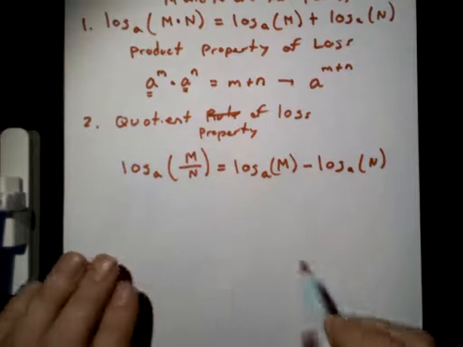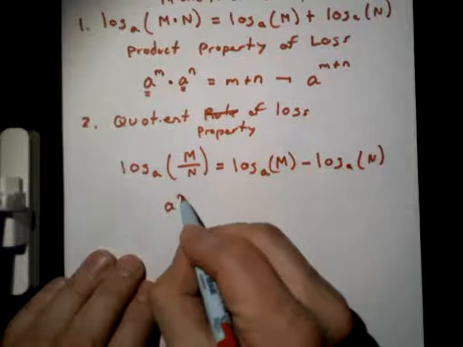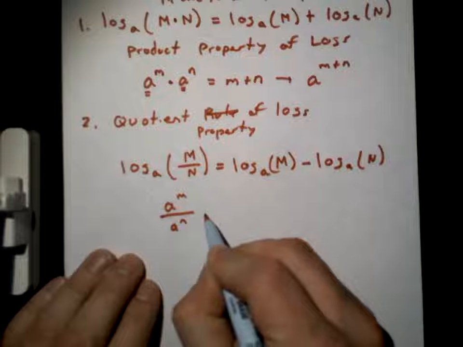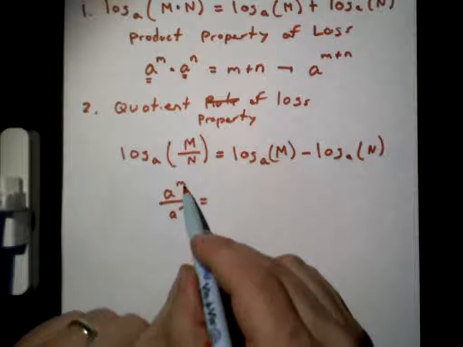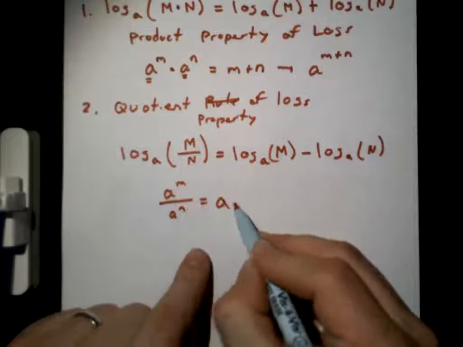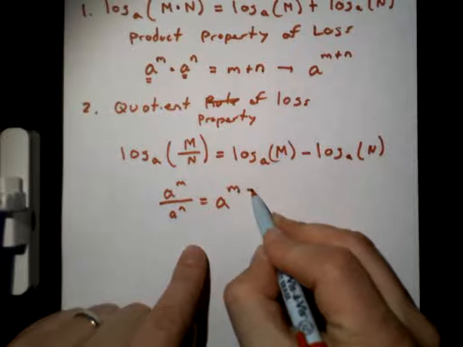What I want you to think about here is when we did exponents and we are dividing exponents, we subtract the top minus the bottom. So it's going to be a to the m minus n.